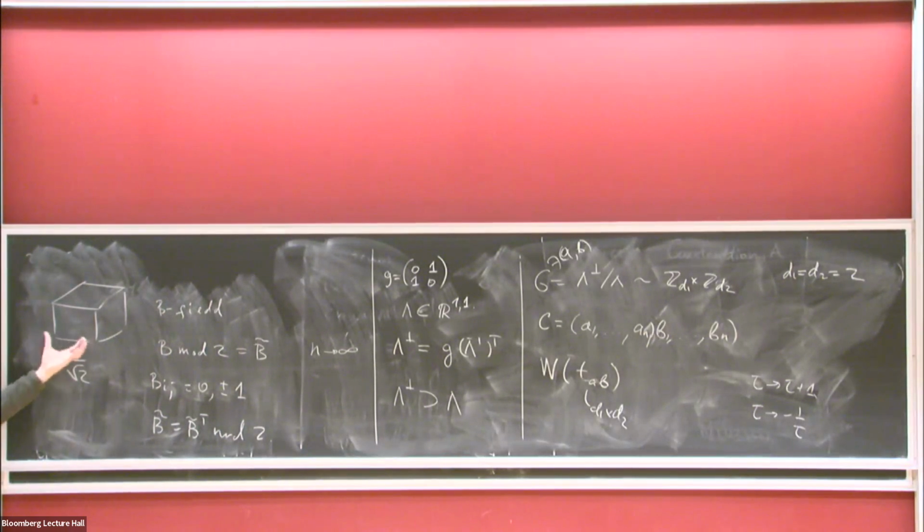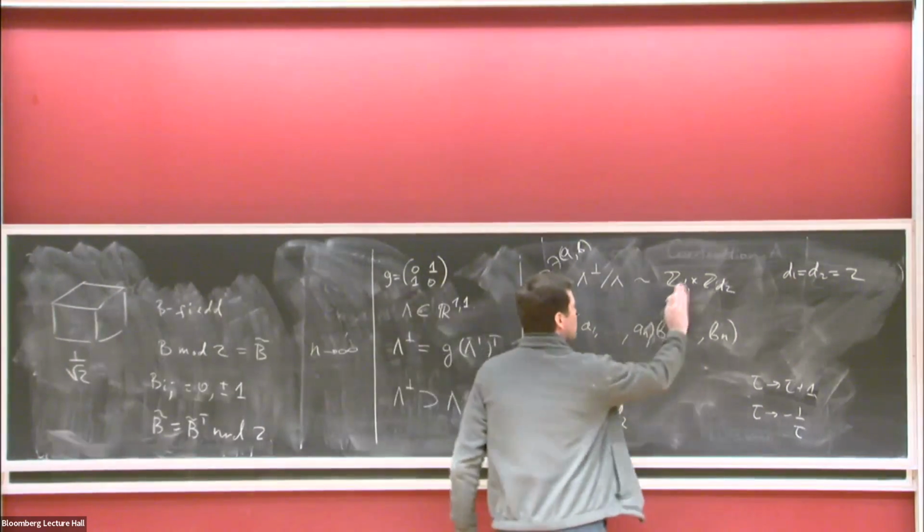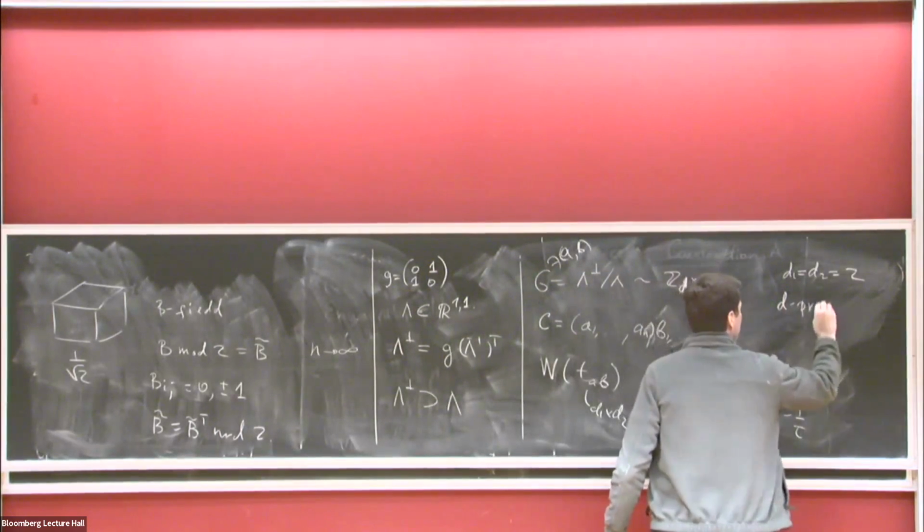You see that this cube is not very large, and therefore excitations of a Laplacian cannot be highly energetic. That's the physical reason why I cannot have a large spectral gap with this construction. Let me consider a very simple case where these two D are the same, and this D is prime.